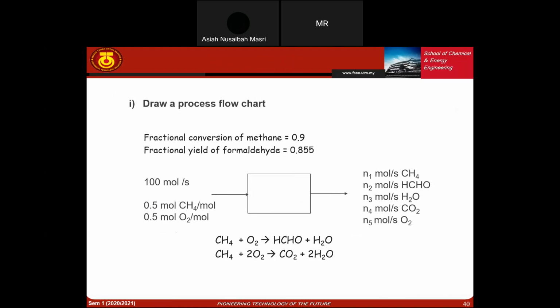This was the flow chart that we have actually drawn last time. So here we have the feed and also the output. Here we have all the information given like last time. So this feed you can write as a composition or you can also write as 50 mole per second CH4.